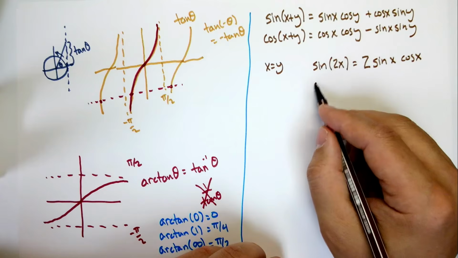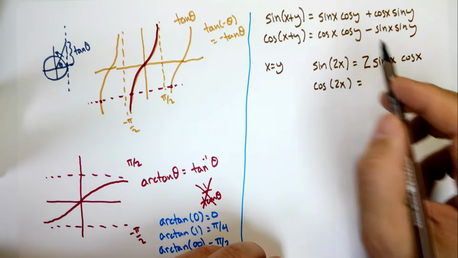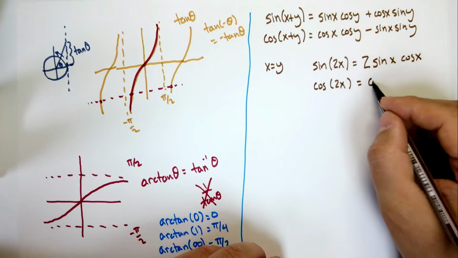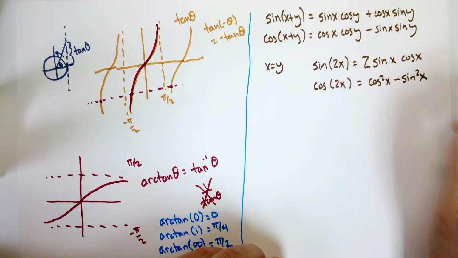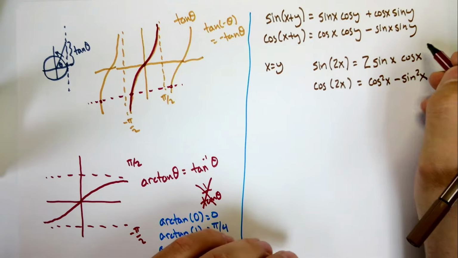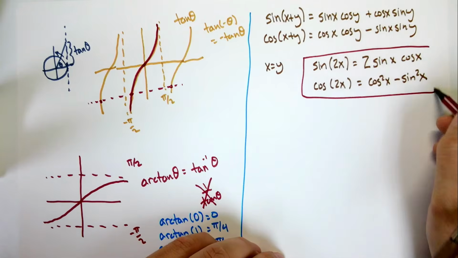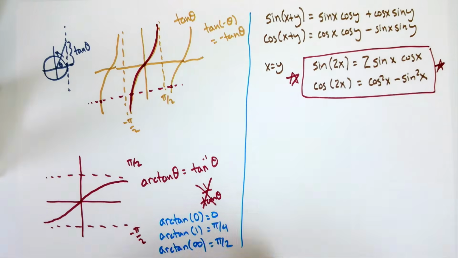And cosine of x plus x, that's cosine of 2x. What is that? It's cosine squared x minus sine squared x. And these are really cool facts. In fact, these are our next 2 out of 6 that we should know. All right, so we definitely need to make sure we know those by heart.